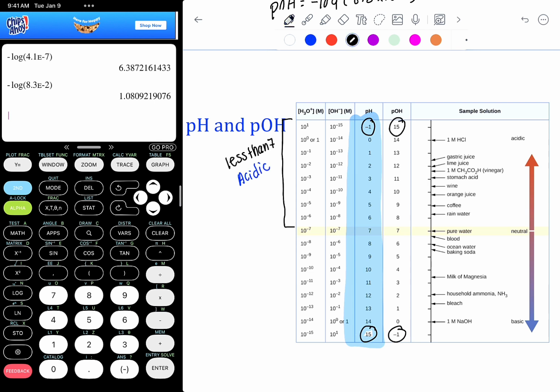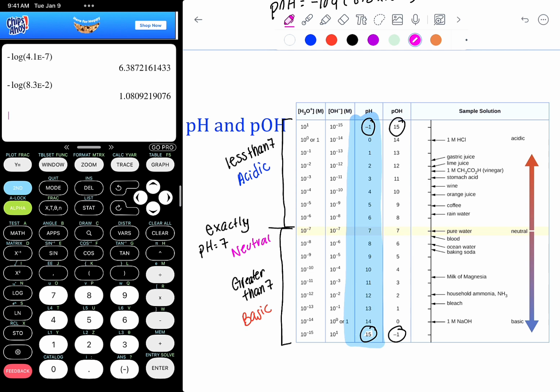If something has a pH that is greater than 7, then it is considered basic. The only time that we would have something that is neutral is at exactly 7. So when the pH is equal to exactly 7, that's when we have neutral.